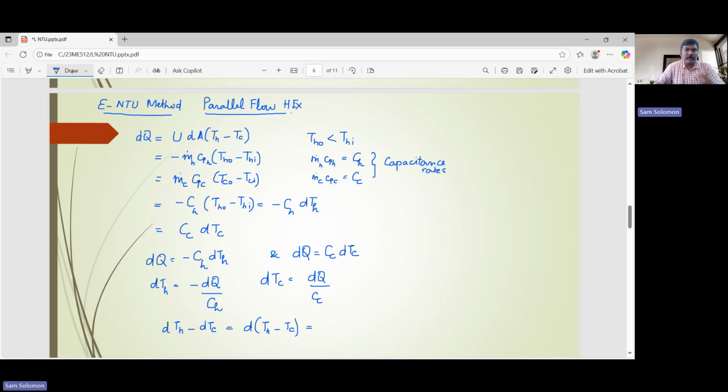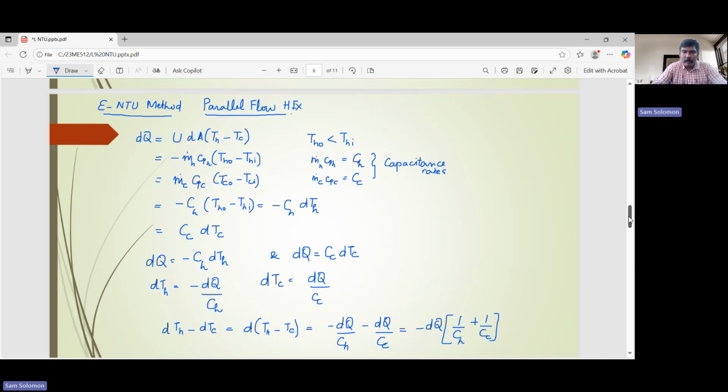Both are one and the same, so I can write this as d of (TH minus TC), which gives me minus dq times (1 by CH plus 1 by CC), if I take minus dq as common. So this is the expression that we get for dTH minus dTC.